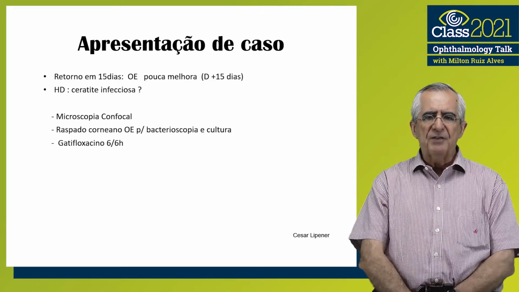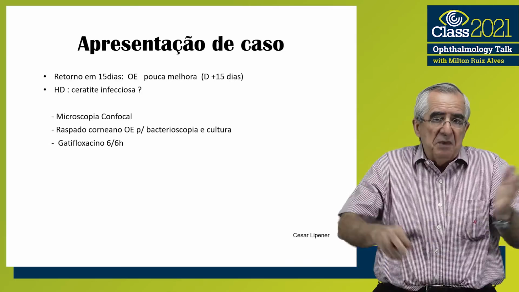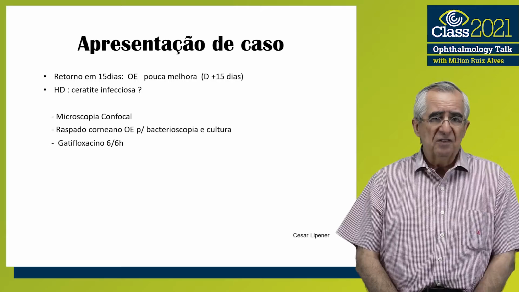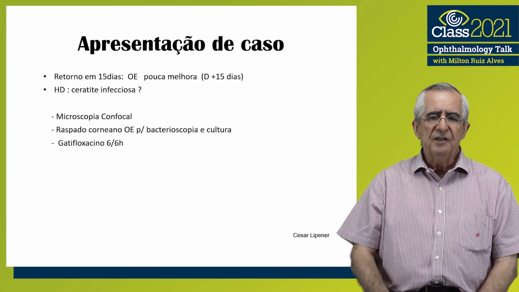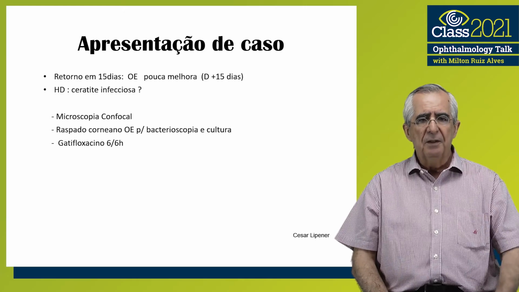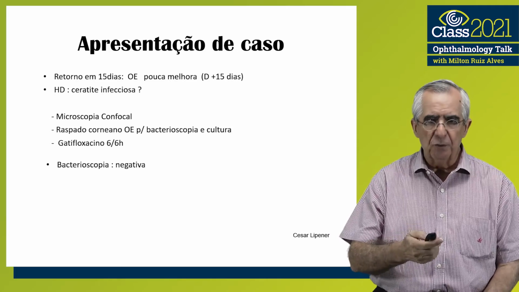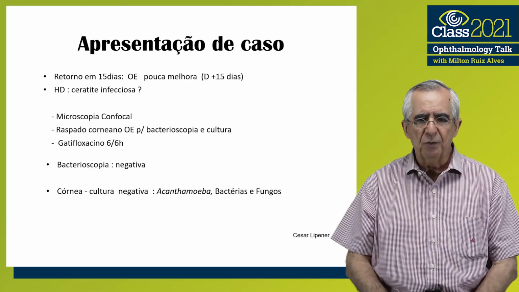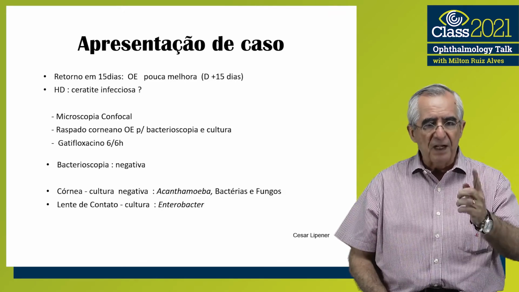The patient returned in 15 days, and another 15, with no improvement. Then, an infectious keratitis was suspected, so catafloxacin eye drops were prescribed every 6 hours. But before that, material for bacterioscopy and culture was collected, and they were negative for acanthamoeba and fungi, but the contact lens culture was positive for Enterobacter.